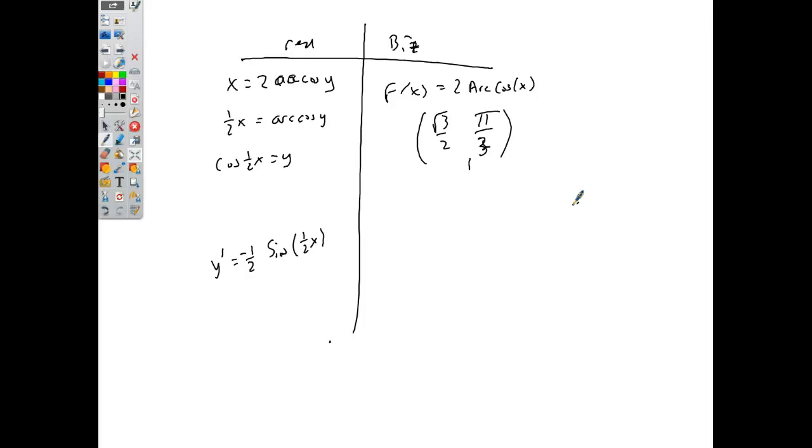All right, so I look at this and go, so what point am I dealing with over here? Chris? Pi over 3. You said pi over 3, so I assume you know what we're doing with it. Okay, so I put it back in here. y prime equals negative 1/2 sine of 1/2 times pi over 3.